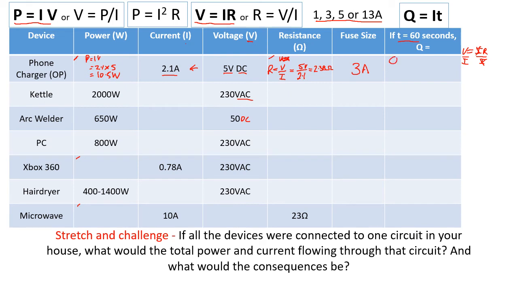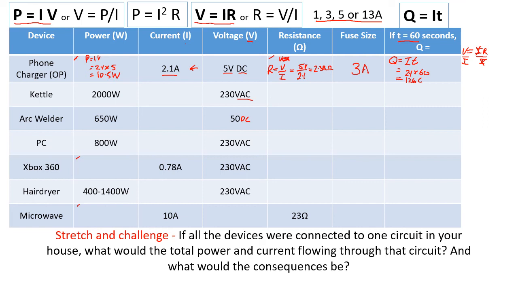So again, physics problem, write down the equation, current times time, don't forget it's a little t, and so it would be 2.1 times 60, which equals 126 according to my calculator. 126 coulombs. Okay, so that's the top line done, and obviously you've got that as a worked example to work your way all the way through to the bottom.